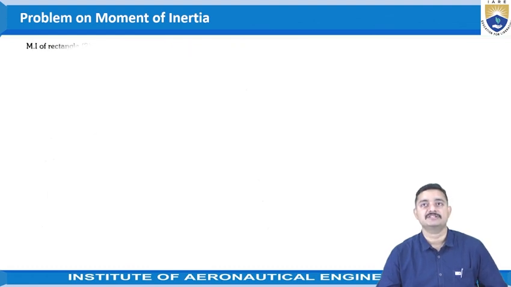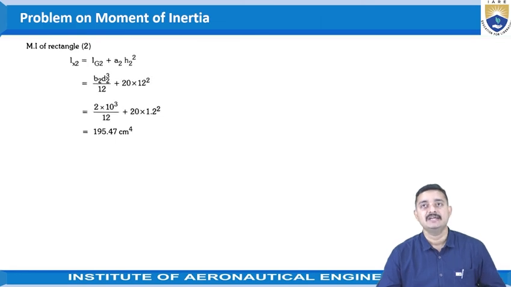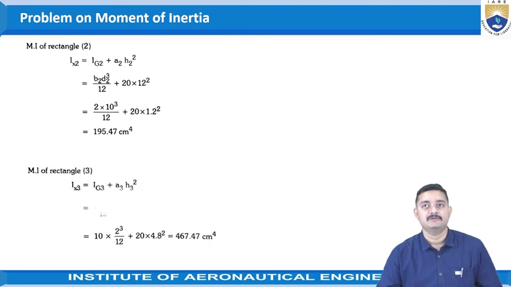Now the moment of inertia of rectangle 2 is Ix2 = Ig2 + A2 H2 squared = B2 D2 cubed / 12 + 20 × 1.2 squared = 2 × 10 cubed / 12 + 20 × 1.2 squared = 195.47 centimeter^4.